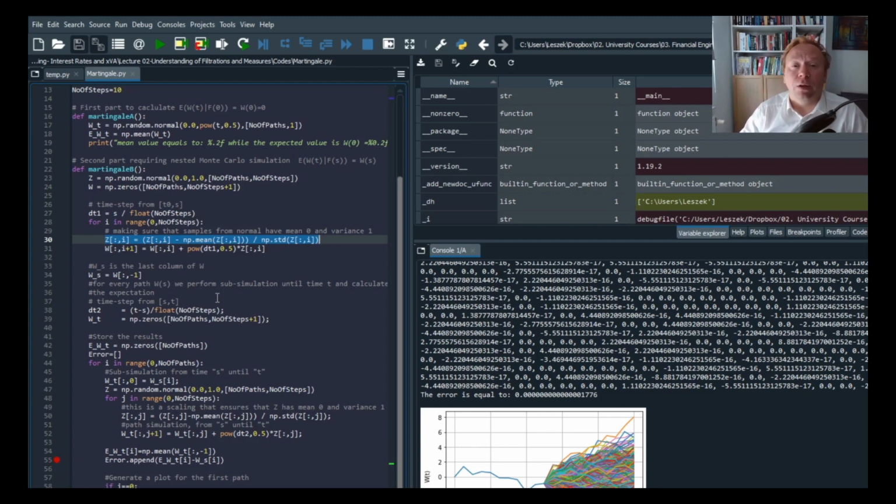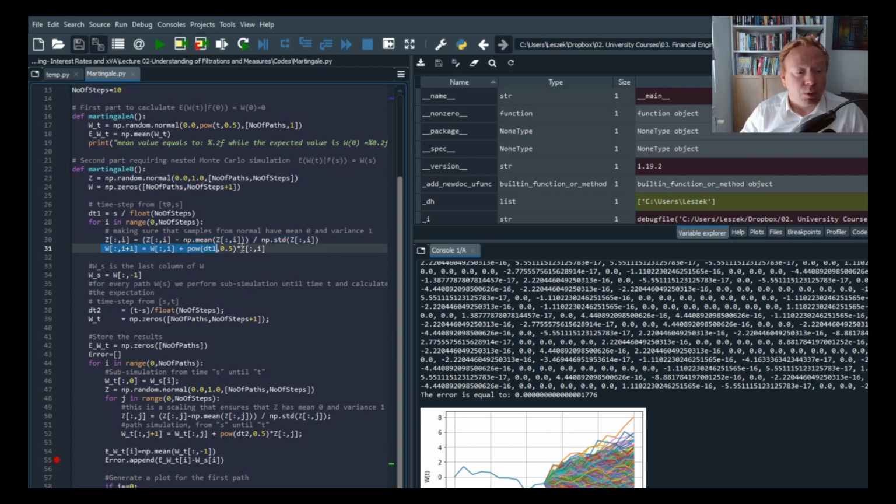That helps achieve better convergence, because we know exactly what properties we expect from random samples, so we can enforce these properties on the Monte Carlo simulation. For more details, I refer you to the course on computational finance, especially the lecture on Monte Carlo simulation.